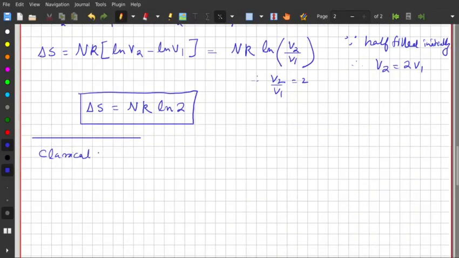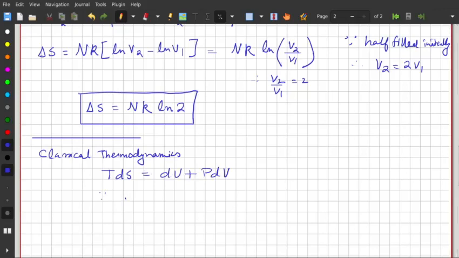So let's say from classical thermodynamics, let's use the TdS equation, which is given by dU plus P dV, and since dU is 0, it's an isolated system, and assume an ideal gas, we have PV equal to nRT, where n is the number of moles.